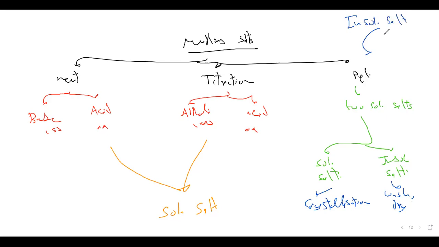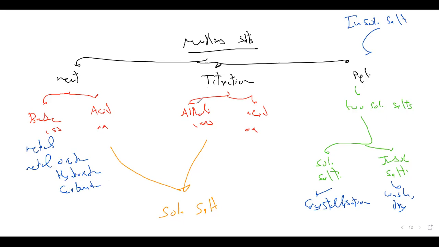So again, in making salts, we have three methods: neutralization, titration, and precipitation. Neutralization is a reaction between a base, which is solid, metal, metal oxide, metal hydroxide, or metal carbonate, and must be solid, reacting with acid to be aqueous.